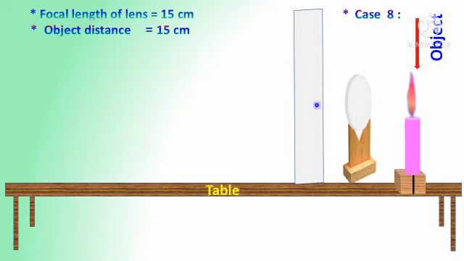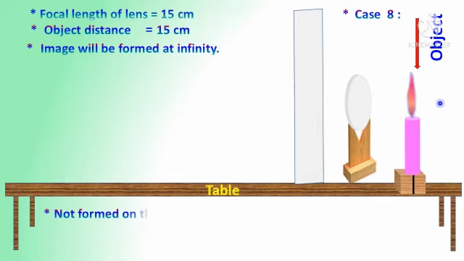Now we find the image formation. The image will be formed at infinity. The image will be formed at infinity distance. Infinity distance means the image is a point, not formed on the screen.